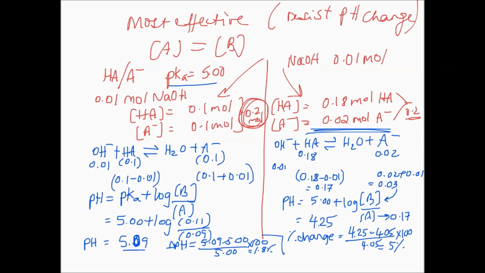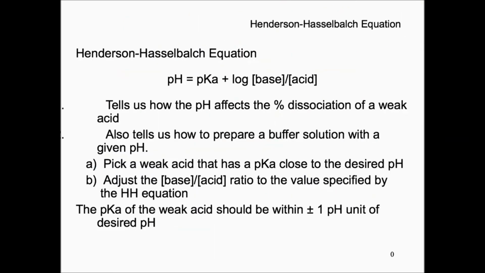Okay, let's talk about the Henderson-Hasselbalch equation in a little bit more detail than what we have seen. The Henderson-Hasselbalch equation, sometimes also referred to as the HH equation, enables me to find the pH of a buffer solution in a more simplified manner by deriving an equation for the equilibrium for the weak acid.